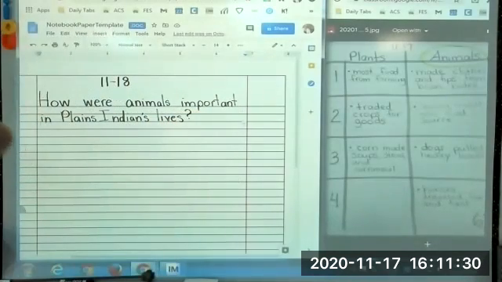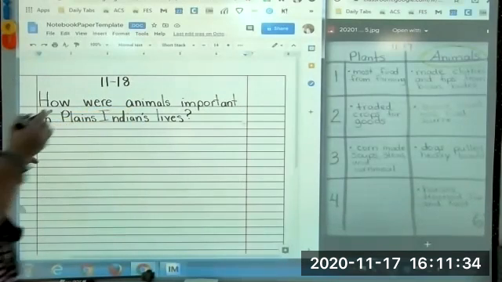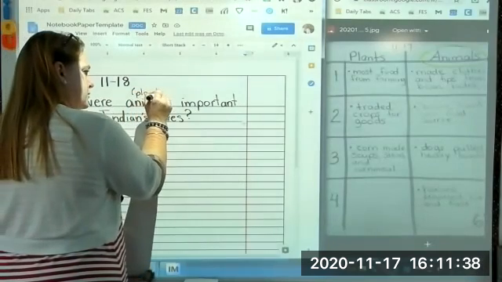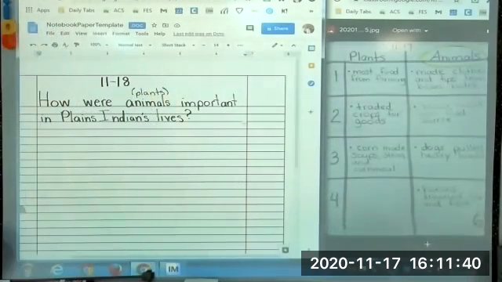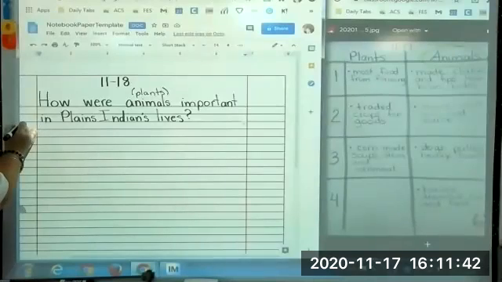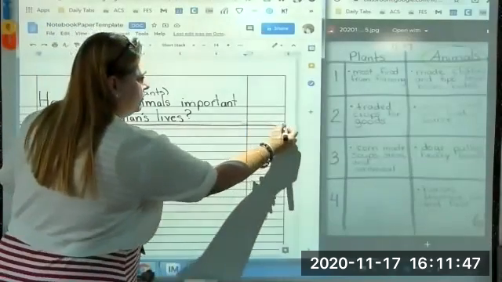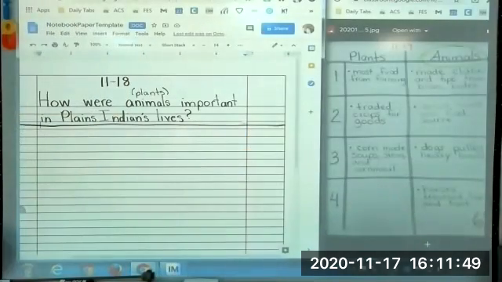So that is our focusing question. If you wrote about plants, make sure you say plants, not animals, okay? All right, and then you're going to draw a line to separate the question from your writing, okay?